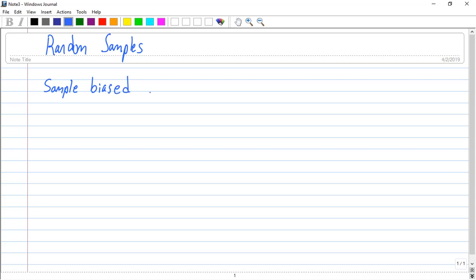So a sample is biased if it over-represents or under-represents some part of a population. I guess that may not be spelled right. That wasn't correct English. Sample bias would be spelled like that.